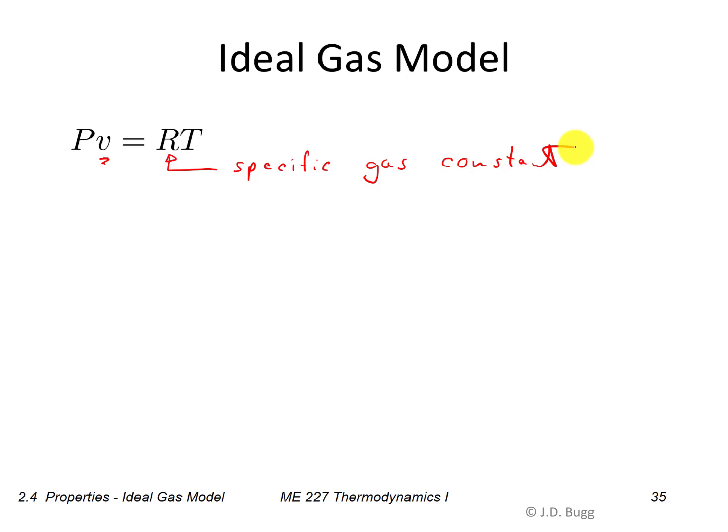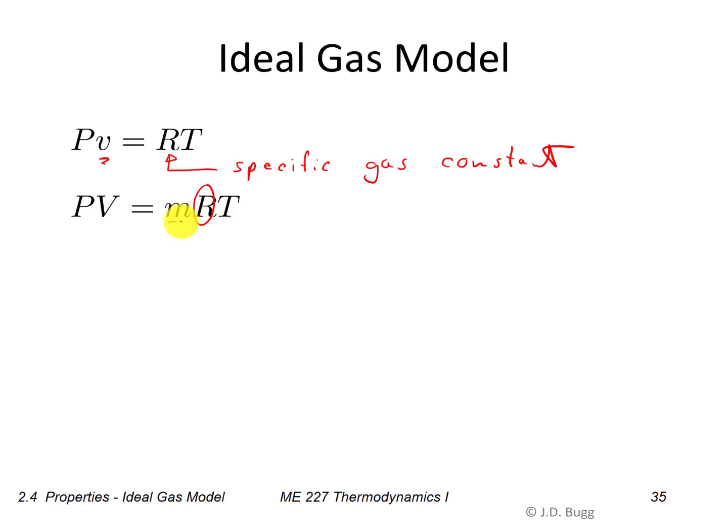Now, you may have seen this ideal gas law in several other forms, and we're going to review several of them right away here. So another way that you might see this is P capital V equals MRT. Well, the gas constant here is still the same. That's still called the specific gas constant. Essentially, we've just taken this equation and multiplied both sides by the mass.